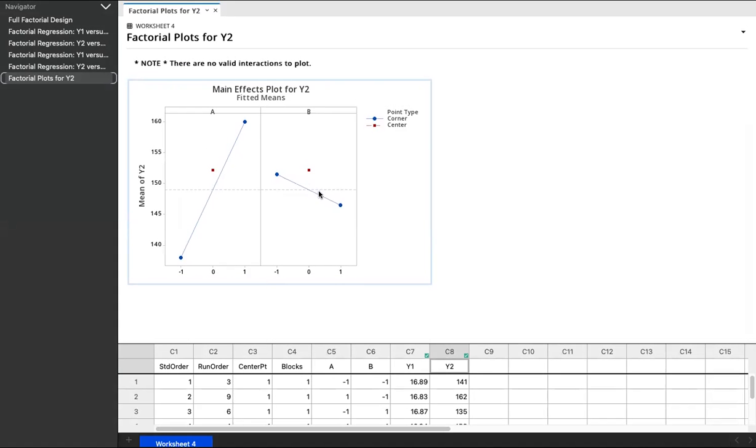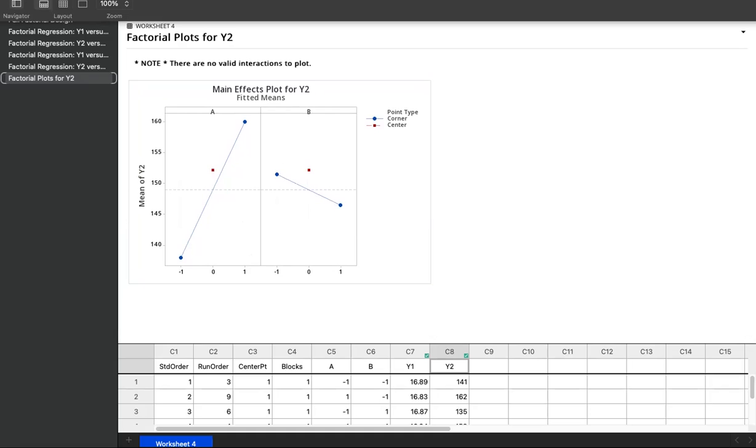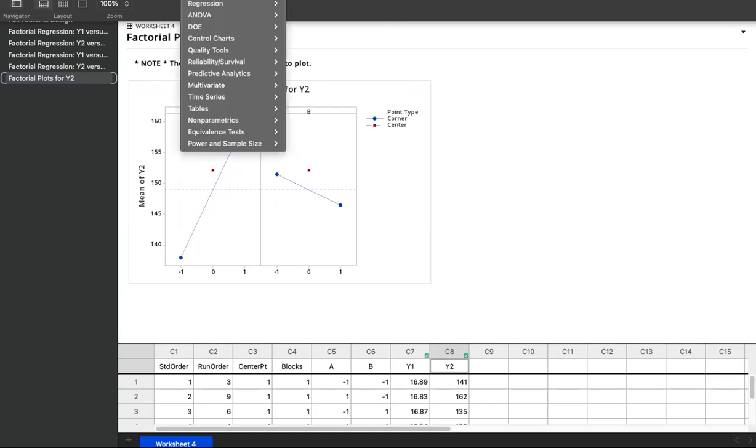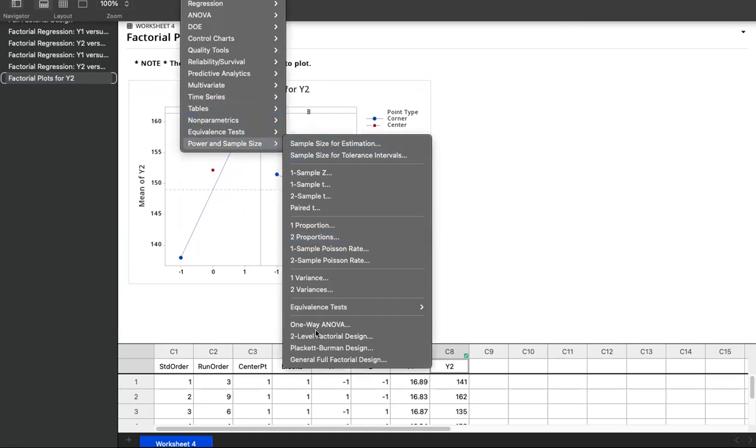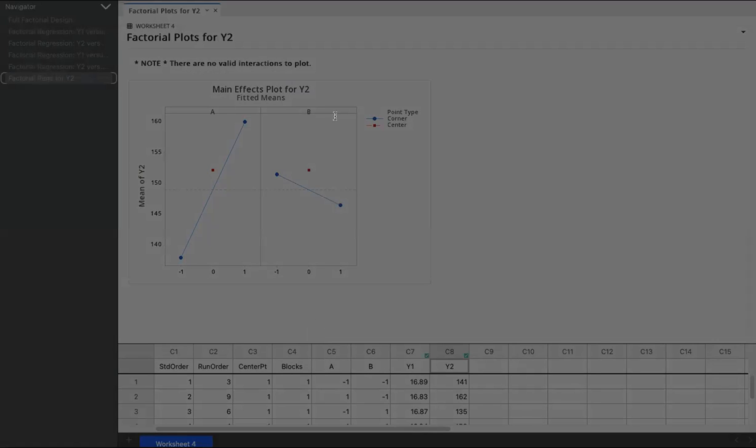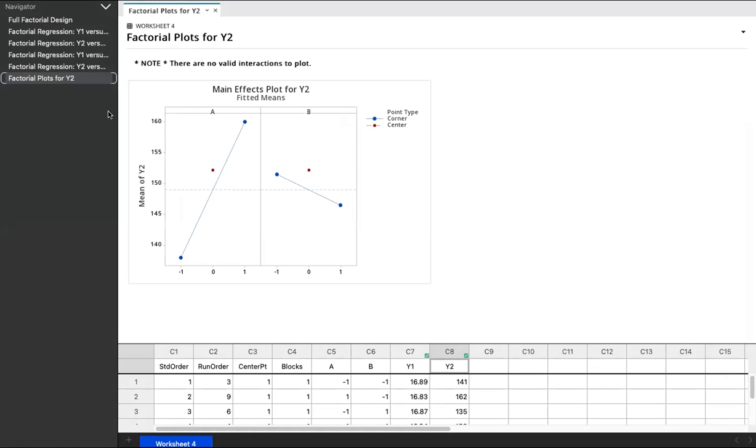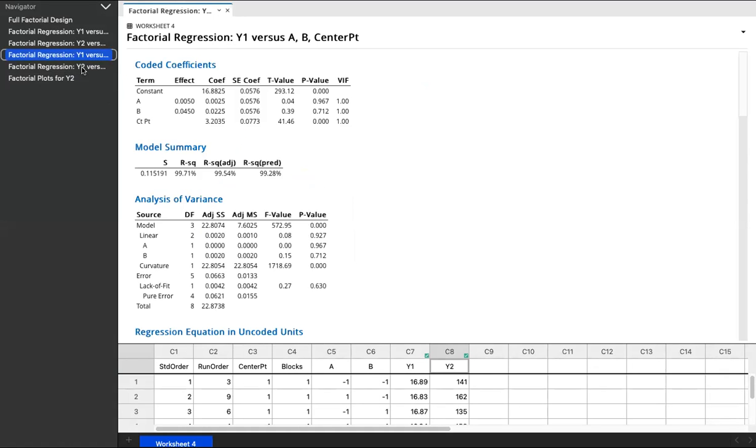We can see corner and center points well, and we can do our power analysis. Number of factors 2, corner points 4, replicates 1, effect. We need to see on the effect. Oh, also we need to see on both graphs because we have 2 responses.